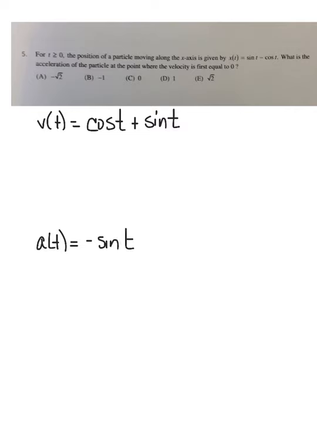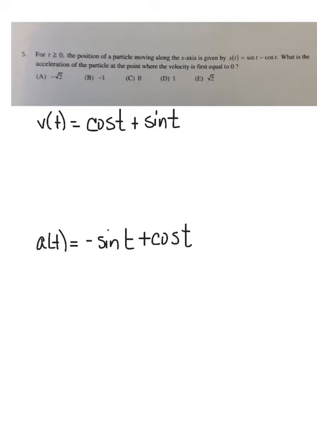So let me start by giving you the first derivative. So that would be cosine t, and then that would be plus sine t. So there's the velocity. Now let's go one more and let's find the acceleration. So the acceleration would be negative sine t plus cosine t.